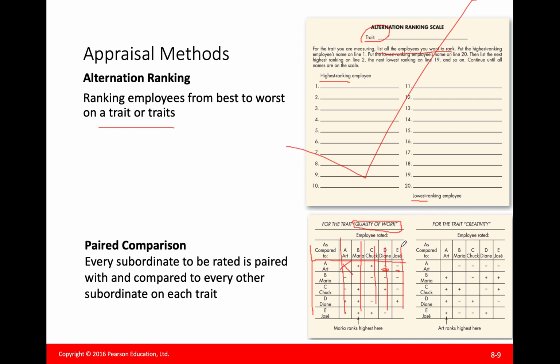We add up all of the pluses. In this example, we see B got 1, 2, 3, 4 pluses for the quality of work trait. That means for this quality of work dimension, she is number 1. Then we go to another trait, another dimension, to see which person is number 1.